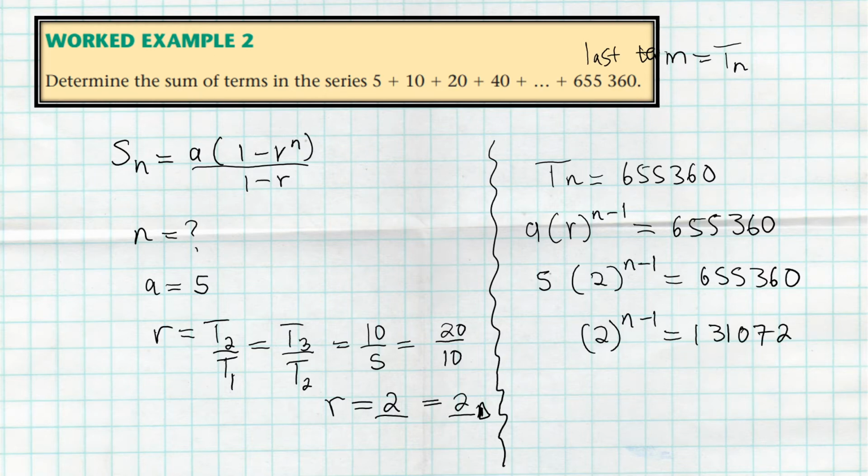131072. So to solve for n, we have to raise this to the same base as this one, right? So its base must be 2. I showed you in the previous video, if you check session 2, when we did geometric sequences, how you can write a number as a power of the same base.